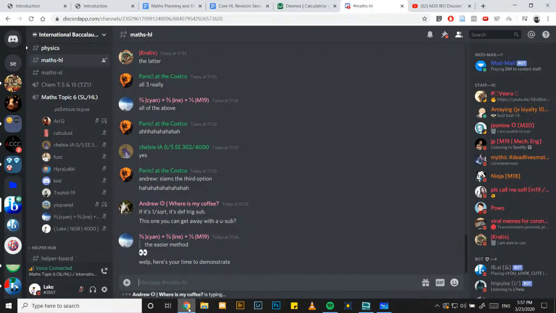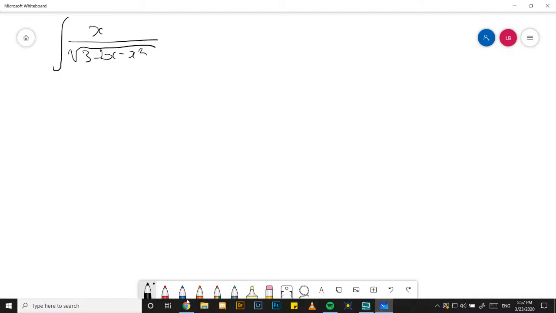Here's the integral, squared. Okay, I'm just gonna rearrange and write this. I'm gonna pull a big brain move here.